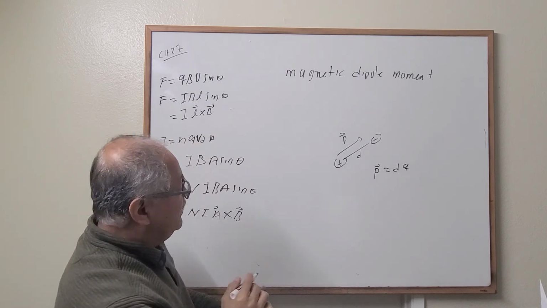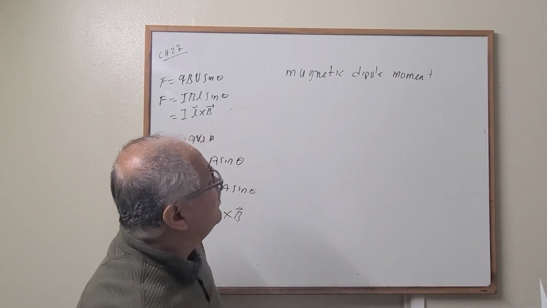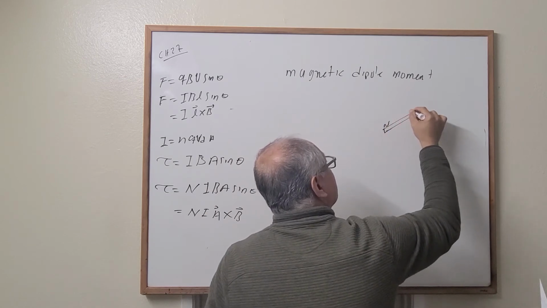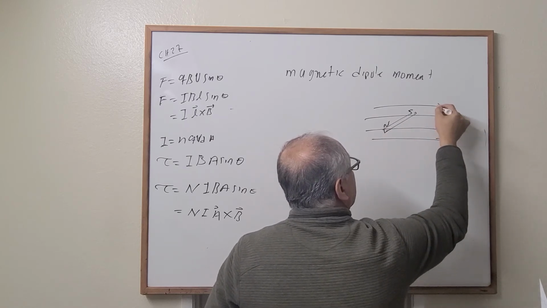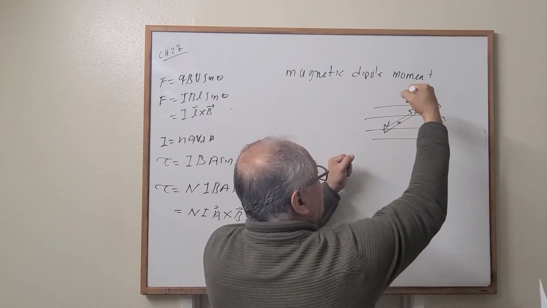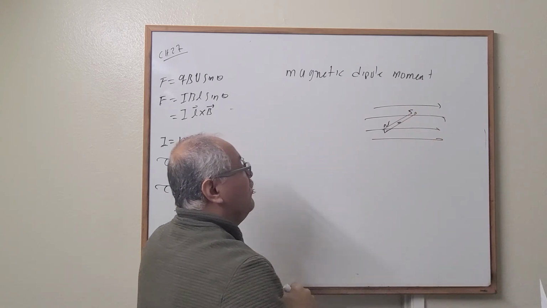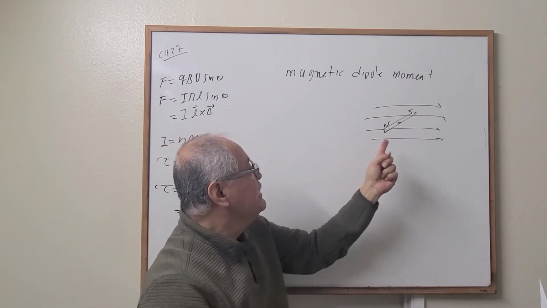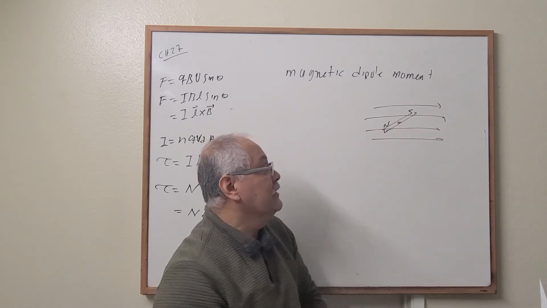For the magnetic dipole moment, the same idea applies. We have a magnet, with north and south, placed inside a magnetic field. It becomes aligned because of the forces acting, so there is a torque that aligns the magnet to the magnetic field.